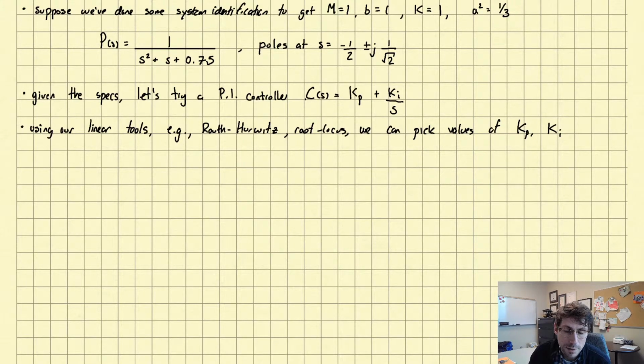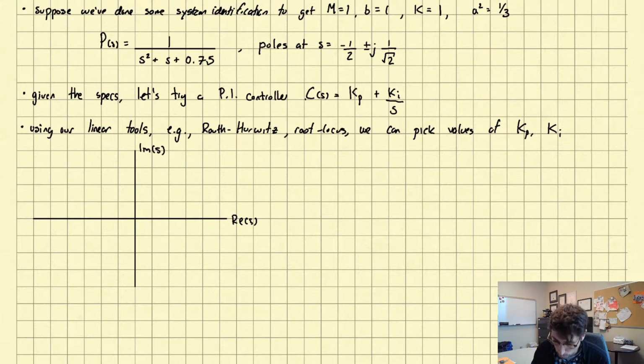Again, this is not the main point of this example, but let's just do this using root locus. Okay, so if I were to draw the root locus, what do I do? In the s-plane, I will draw the poles and zeros of the plant and the controller. Poles will be x's, zeros will be circles.